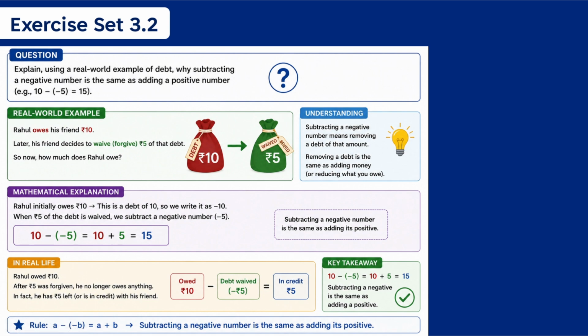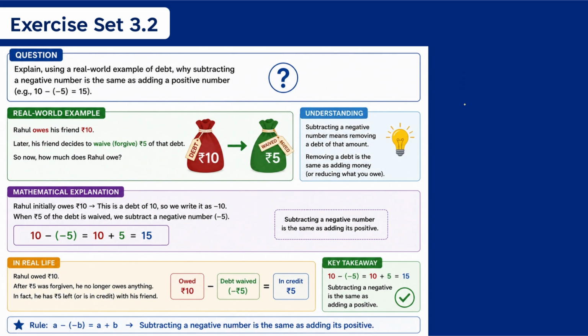It is minus 5 because it is a debt. So two consecutive negatives could be written as a positive. So it's going to be 10 plus 5, which gives you a 15. So subtracting a negative number means removing a debt of that amount. Removing a debt is the same as adding the money, right? So subtracting a negative number is same as adding a positive value.